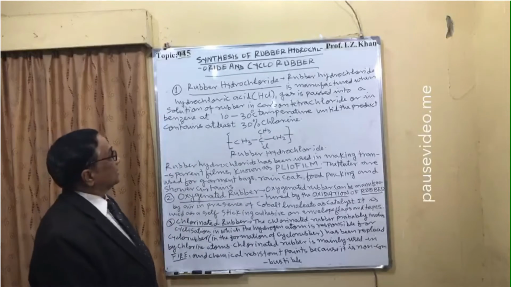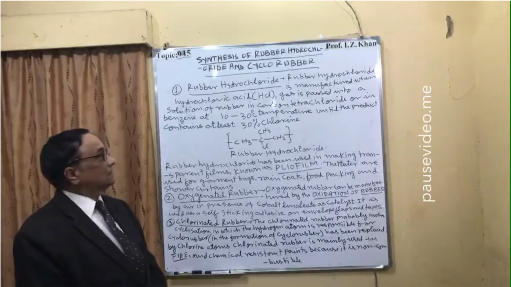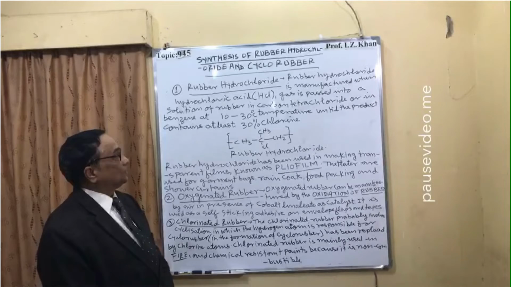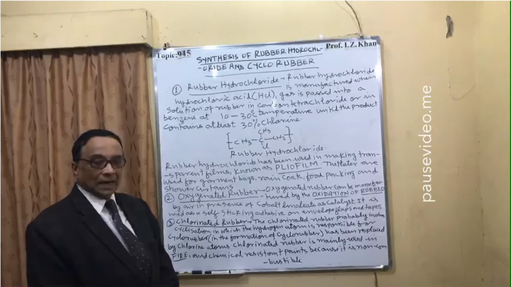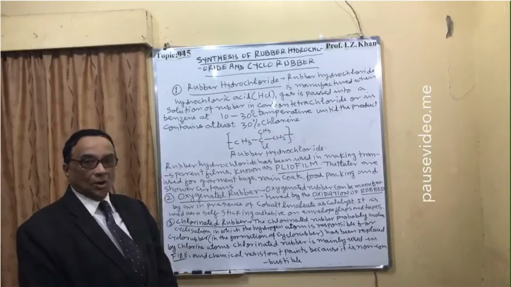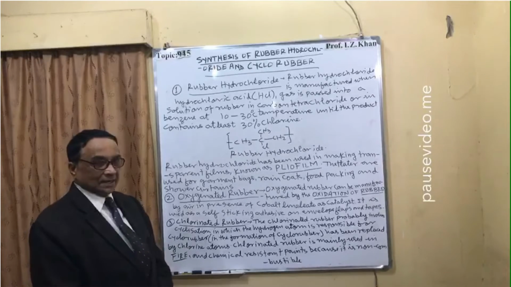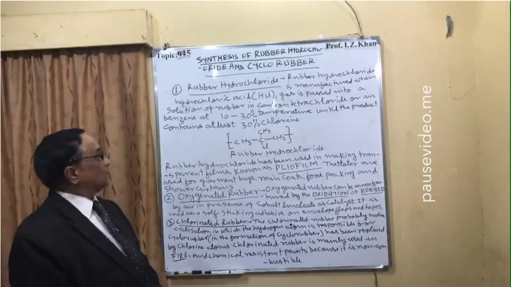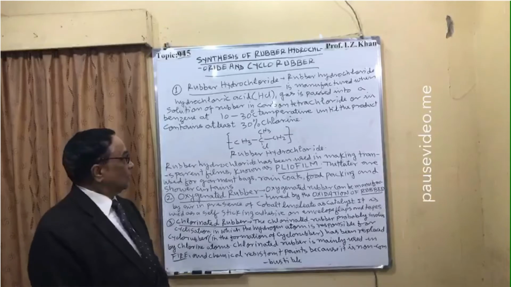Rubber hydrochloride is manufactured when hydrochloric acid gas is passed into a solution of rubber in carbon tetrachloride or benzene at 10 to 30 degrees centigrade until the product contains at least 30% chlorine.